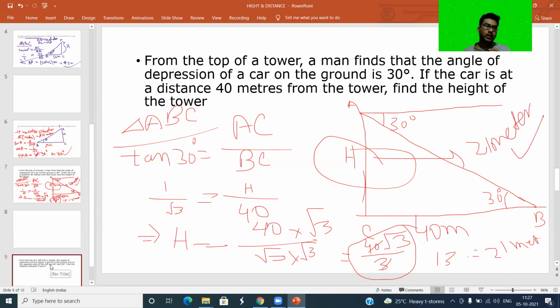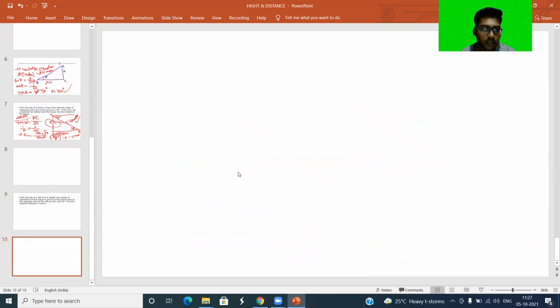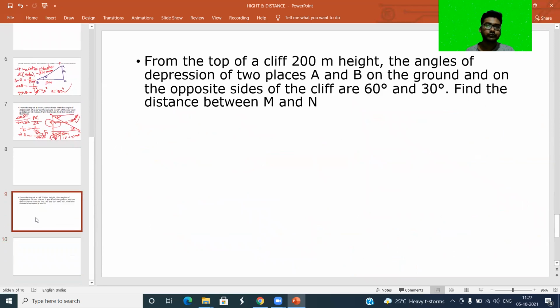Okay, next question. Last question. From the top of a cliff, it is 200 meters.